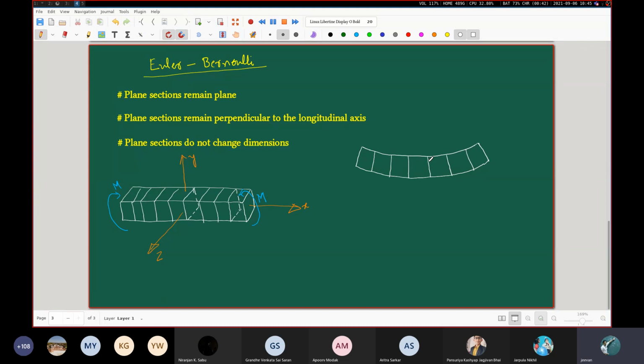So as you can see here, this is still straight. It is not as if this was initially like this, and after deformation, it becomes like this. Not the best of 3D diagrams. It becomes something like this.